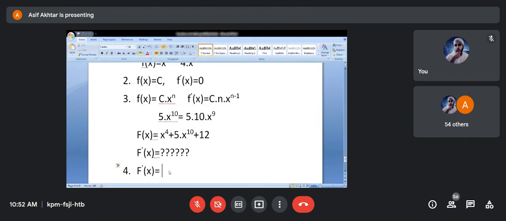Is the combination of the various functions. That is, you take the differentiation of x^4, that is f(x) = x^4, x raised to the power... I'll just copy it here.